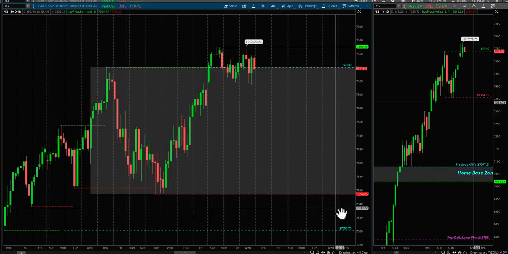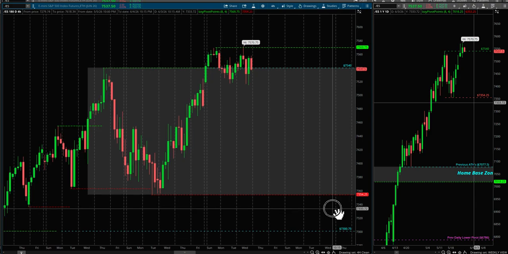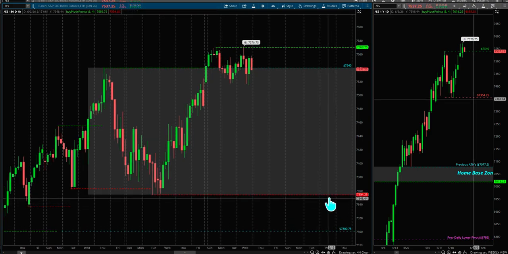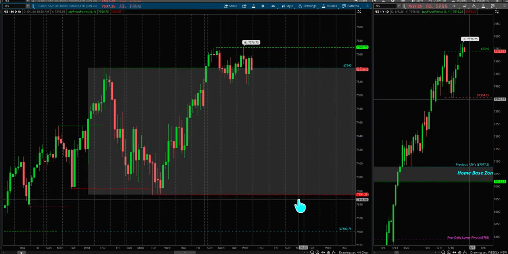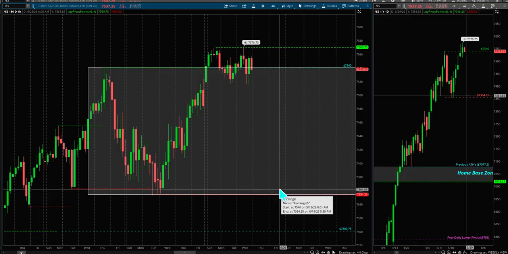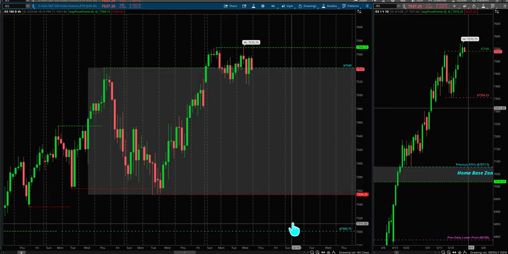A real sell case only begins under 73.54. A breakdown of this range to the downside.